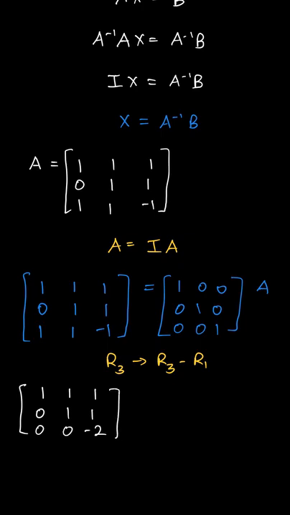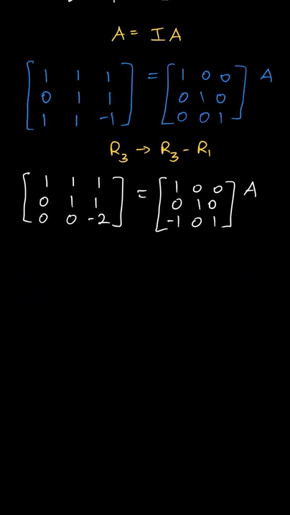And this is equal to, the first two rows remain the same, and here we have 0 minus 1 is minus 1, 0 minus 0 is 0, and 1 minus 0 is 1, multiplied by A.